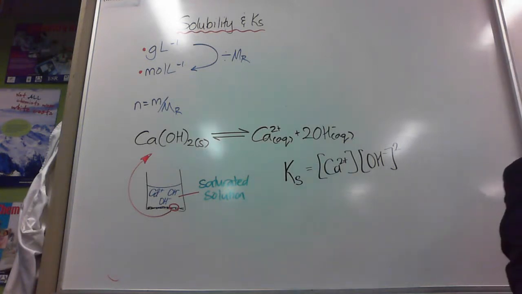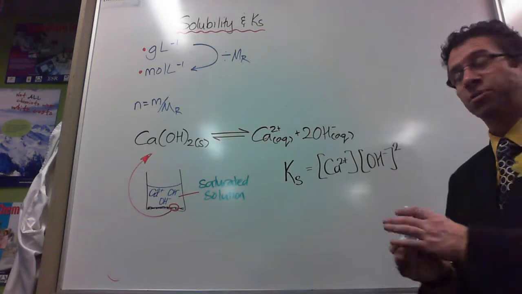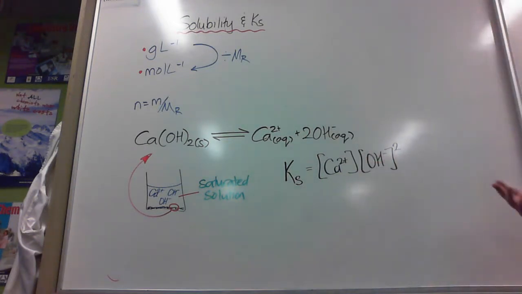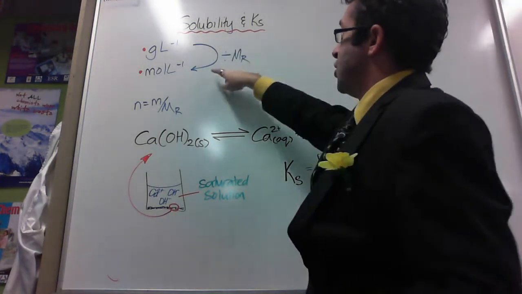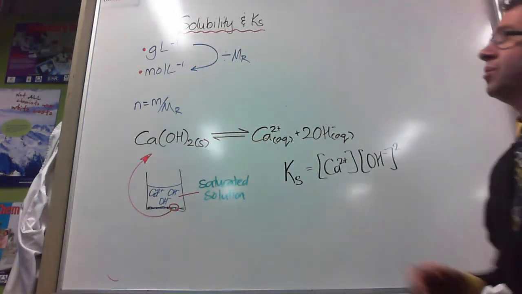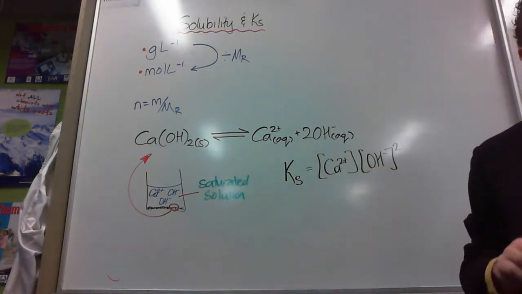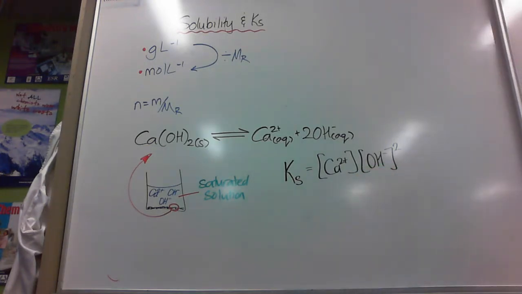I could look up, or I could measure, how much solid I was able to dissolve in a given volume, and use this relationship here to work out how many moles per litre it is, and then plug those numbers in. So there's a few ways that I could actually do this.